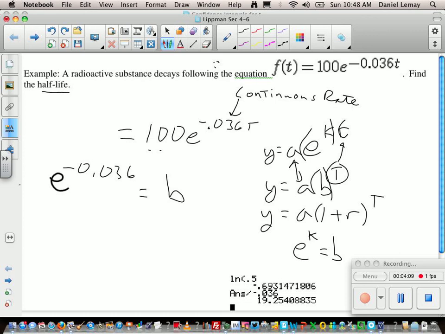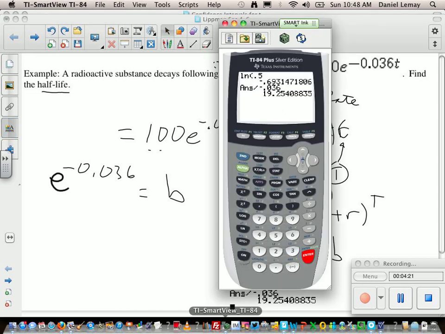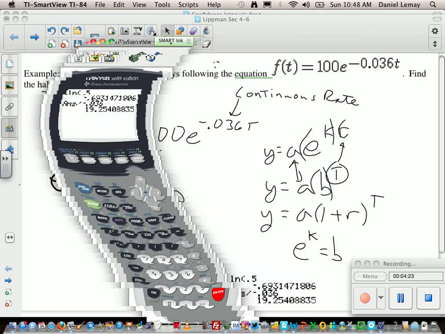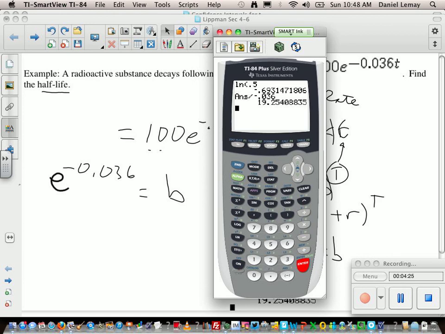Well, we can just grab our calculator, and fire mine up. So we're going to take e, raise it to the negative 0.036, and that'll have to be what b is.